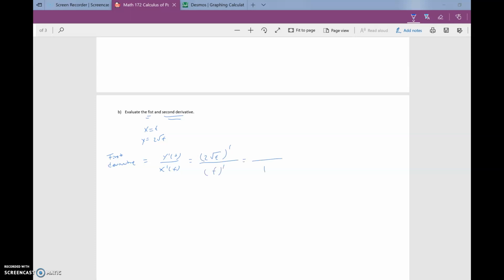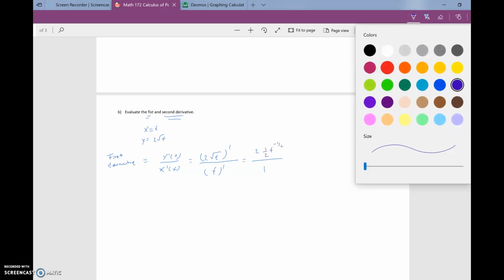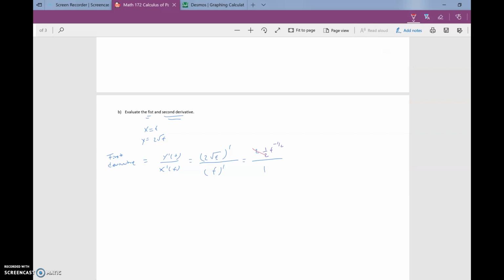So the good news is your denominator happens to be 1. And then in the numerator, as you apply the derivative, this is going to be 1/2 t to the negative 1/2, which cancels the 2's and further simplifies to t to the negative 1/2, or 1 over t to the 1/2, or 1 over the square root of t.